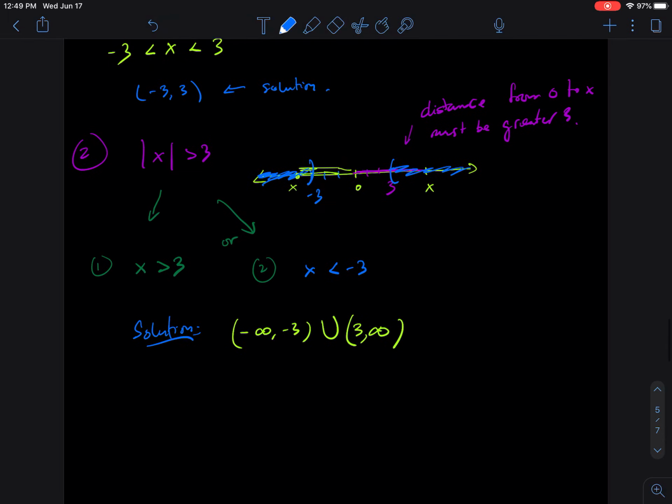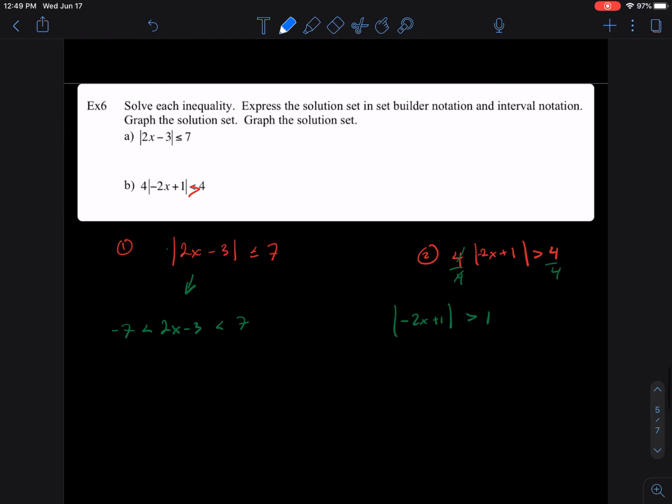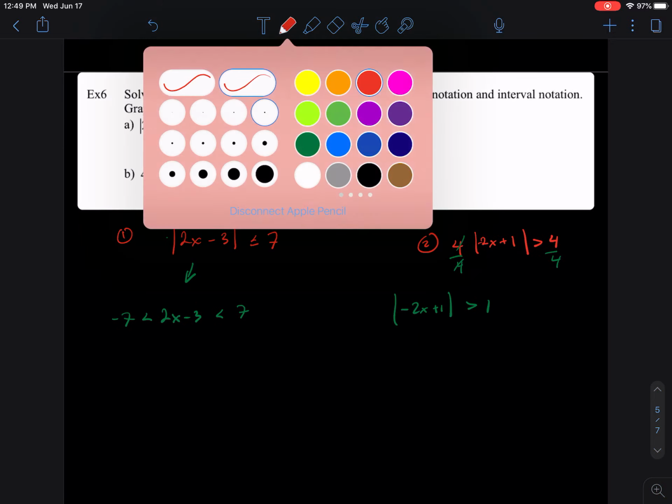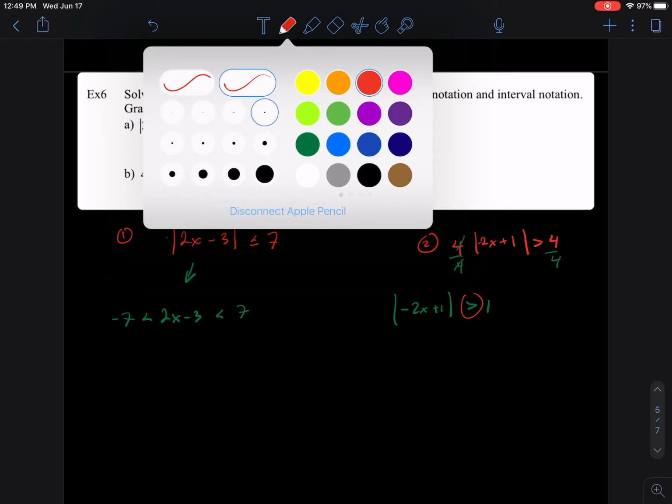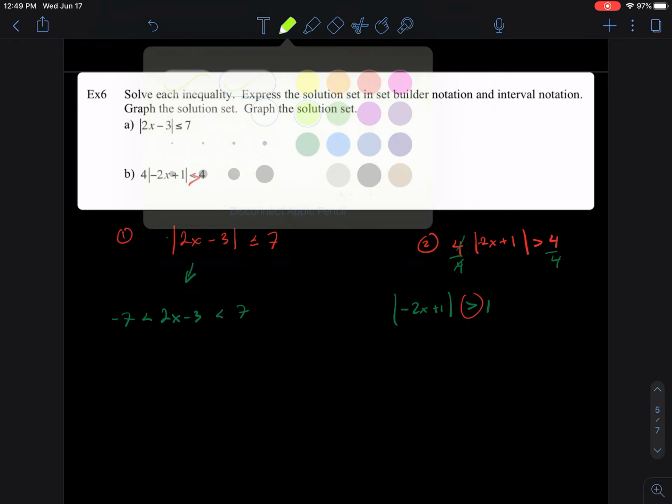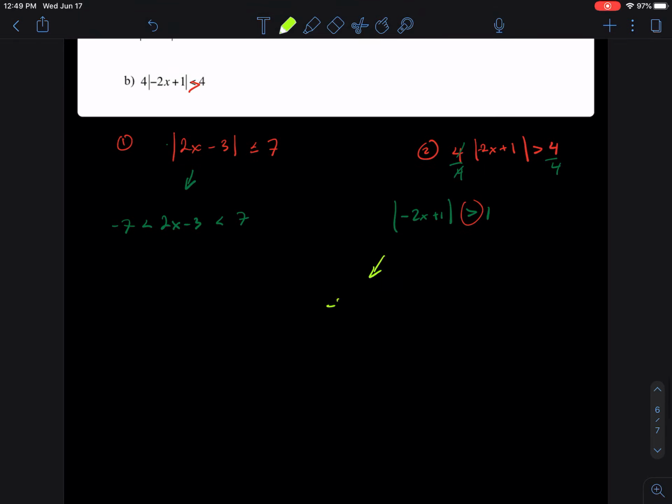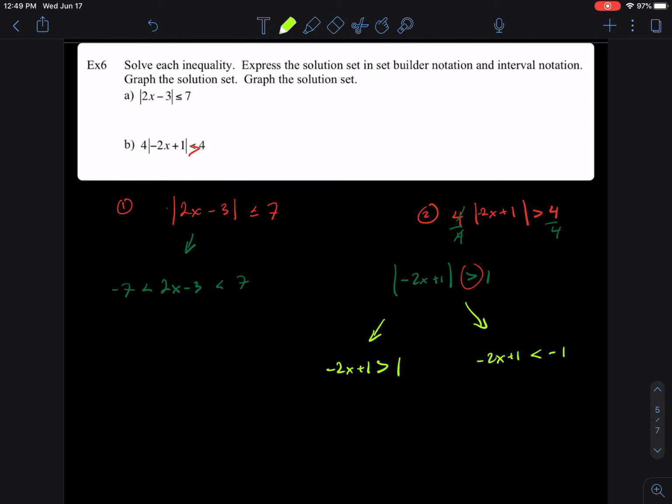If the inequality is greater than, then the two inequalities can be: negative 2x plus 1 to the right of 1, or negative 2x plus 1 on the left side of negative 1. If we find those x values for those two inequalities, those will be the solution for this inequality.